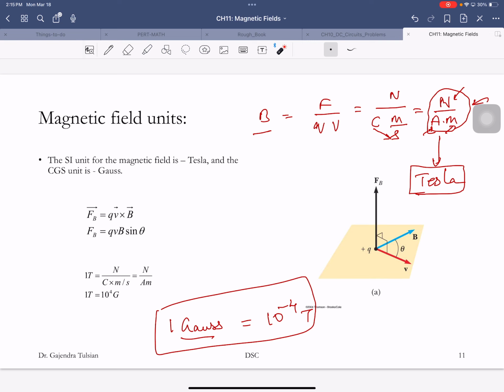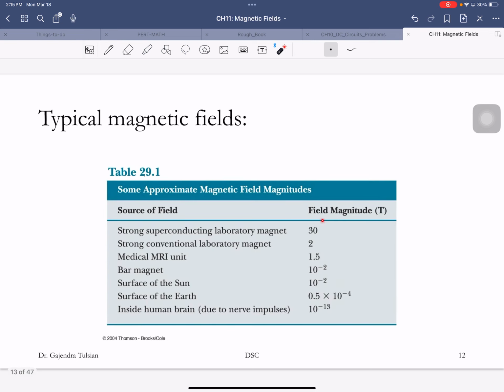All right. So here are some fields. A strong superconducting magnet is about 100 Tesla. The MRI machines used in doctors' offices go from 0.5 to 3 Tesla. The stronger the magnetic field, the sharper the image, the better the resolution, and the more money it costs you.